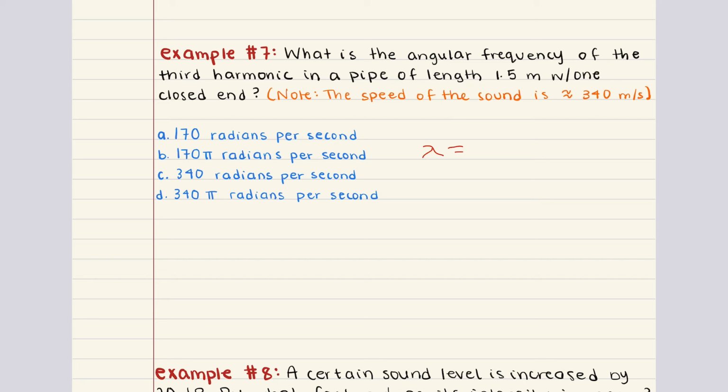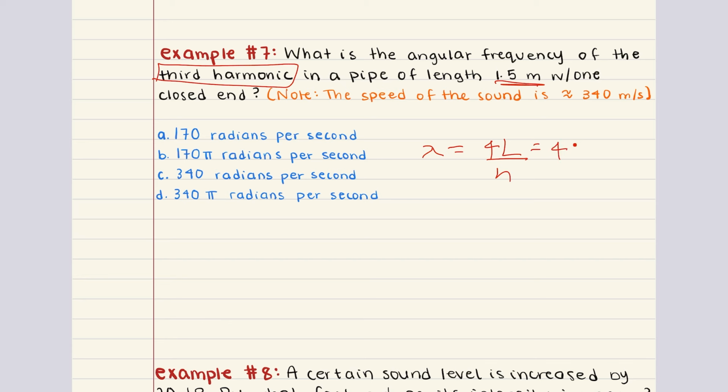Wavelength is equal to 4L divided by N, where L is the length of the pipe and N is the harmonic number. For a closed pipe, only odd values are allowed for the harmonic number. Now we're given the length is 1.5 meters, and we're told that we are concerned with the third harmonic, so N is equal to 3.